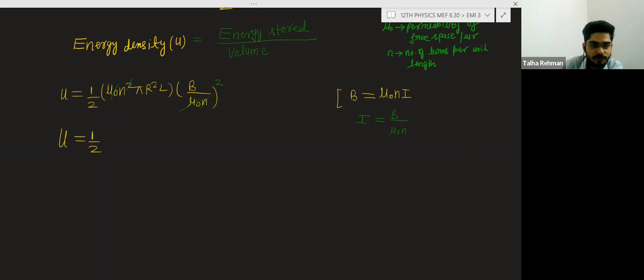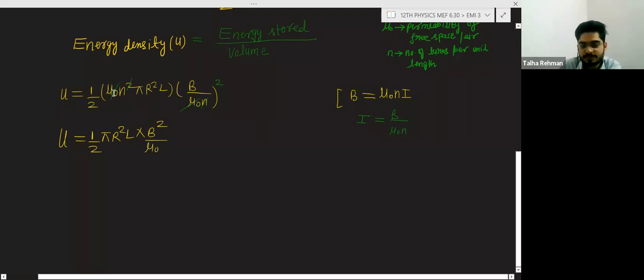So here will be your pi r square into L, and multiplied by the magnetic field square. And there is 1 mu naught here, because here is 1 mu naught, here is mu naught square.